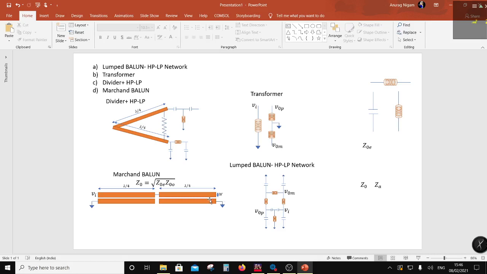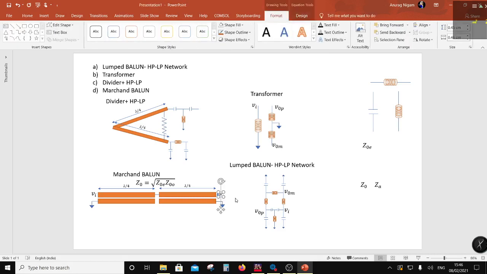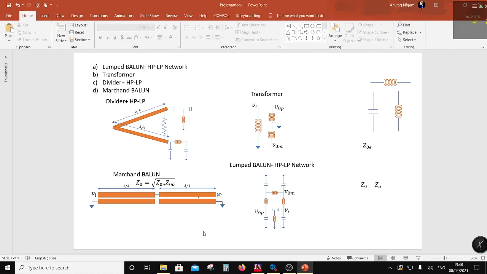Right, and then there is this spacing based on the even odd mode coupling. The idea is, if you want this balun to have a symmetric response, the even mode impedance is higher than the odd mode impedance, right? And this even mode impedance has to be high.